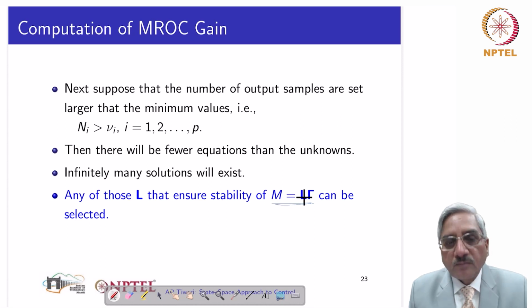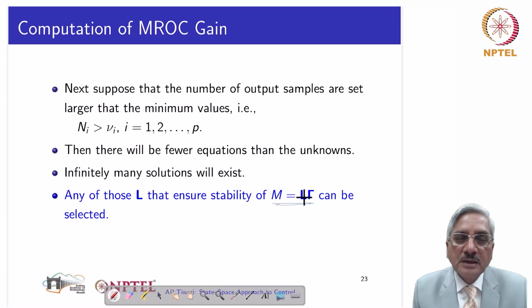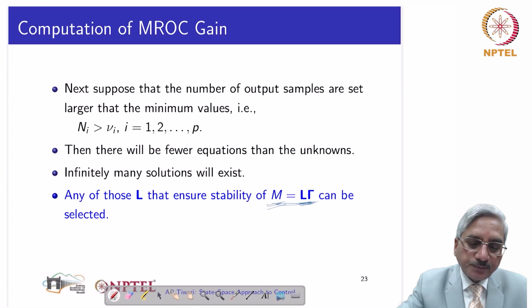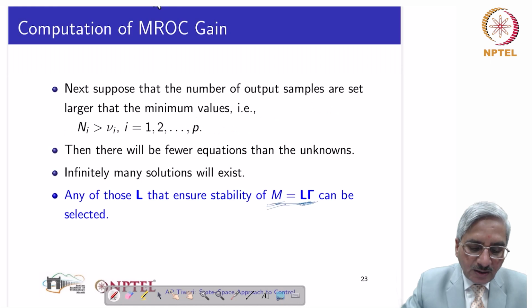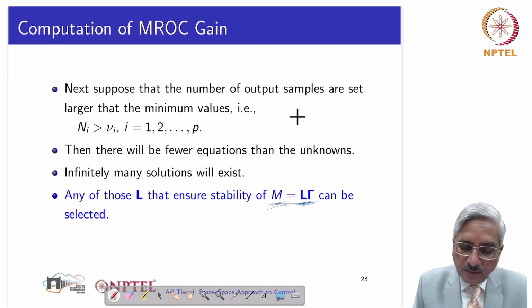The procedure is the same. We assume some of those L's because we have more unknowns than equations, and then we solve the remaining L's and plug the values of L into this to obtain M. We check the eigenvalues of M, and if they are not leading to a stable M, if the eigenvalues are not within the unit circle, then we redesign, we re-obtain L to realize that F. That means we re-obtain LC equal to F. We solve again.